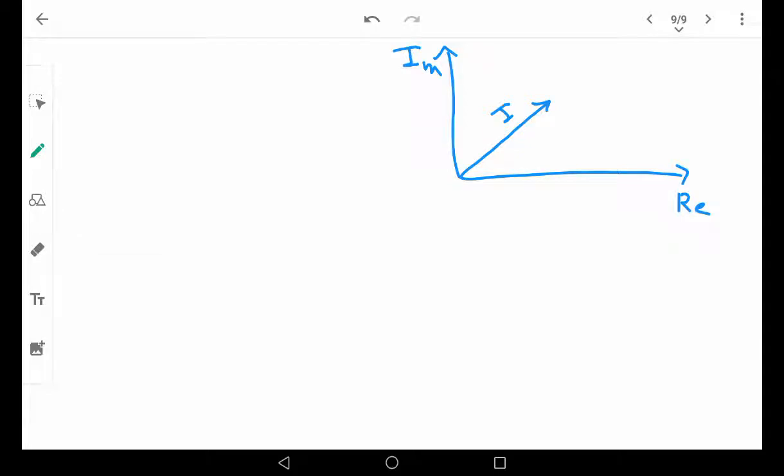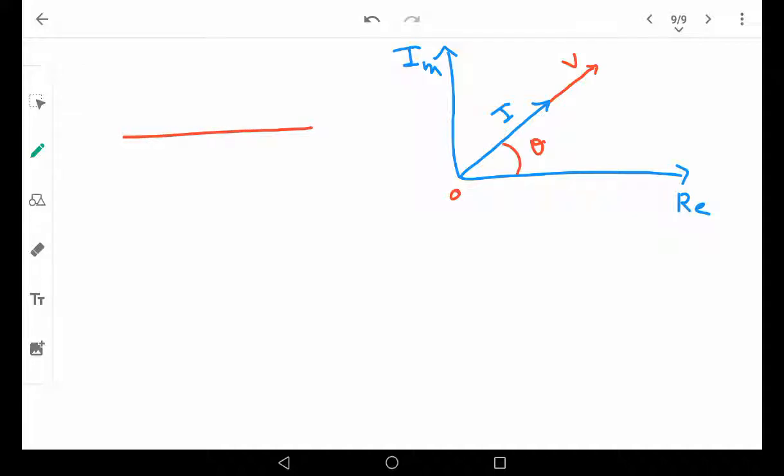This is the voltage. Both of them have the angle theta, right? Understand? Both are in phase. That is what it means. The phase angle for both is the same if you draw the phasor diagram.